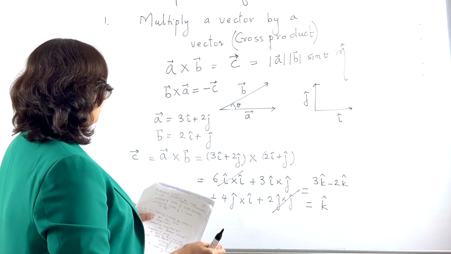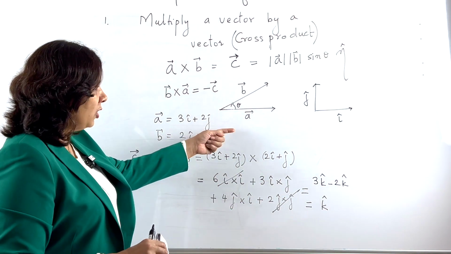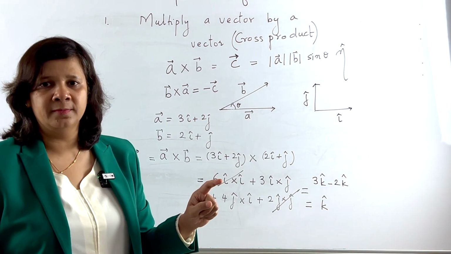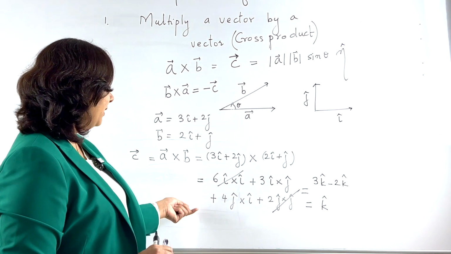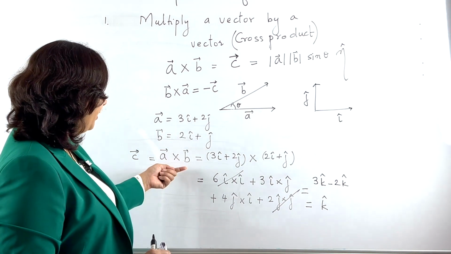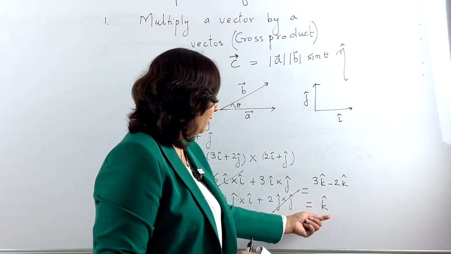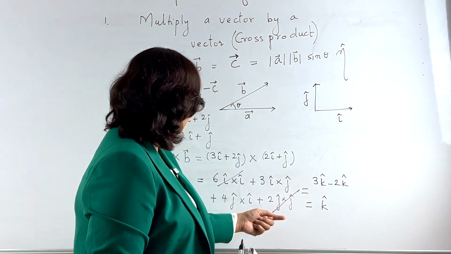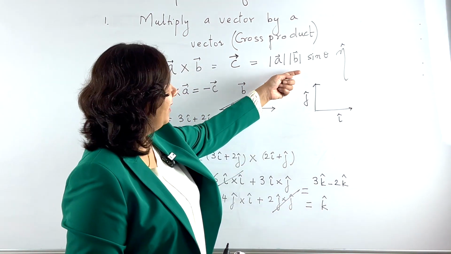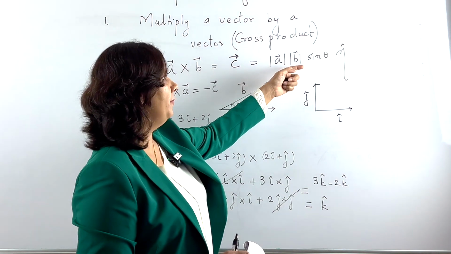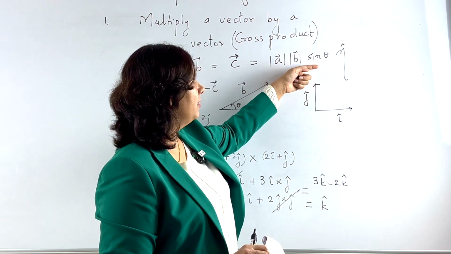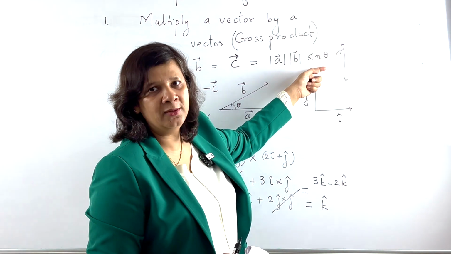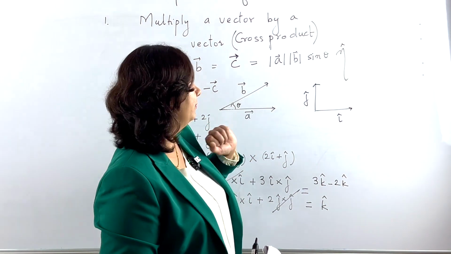Okay. Now, using the cross product you can also find the angle between two vectors. How? As we have done earlier, we calculate A cross B using k cap and this definition, then we find the magnitudes of A and B, substitute in this definition, and find the sine of the angle between A and B. Okay.